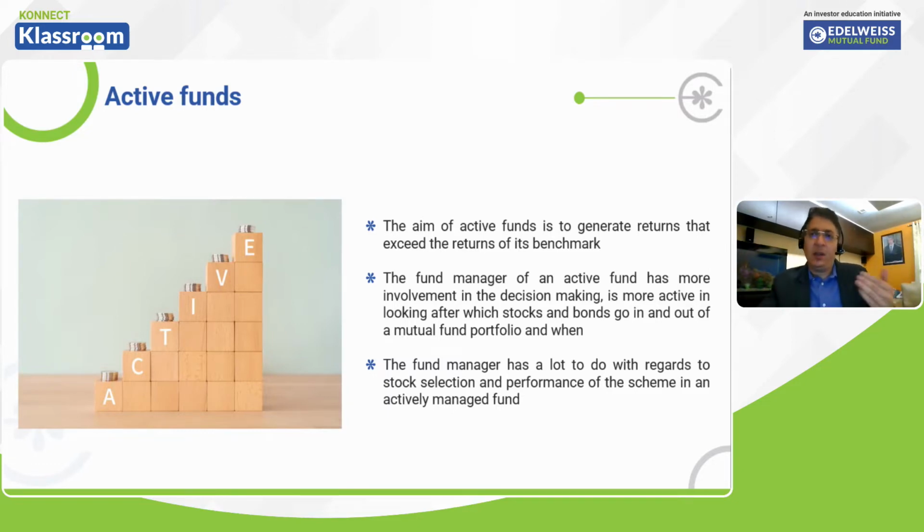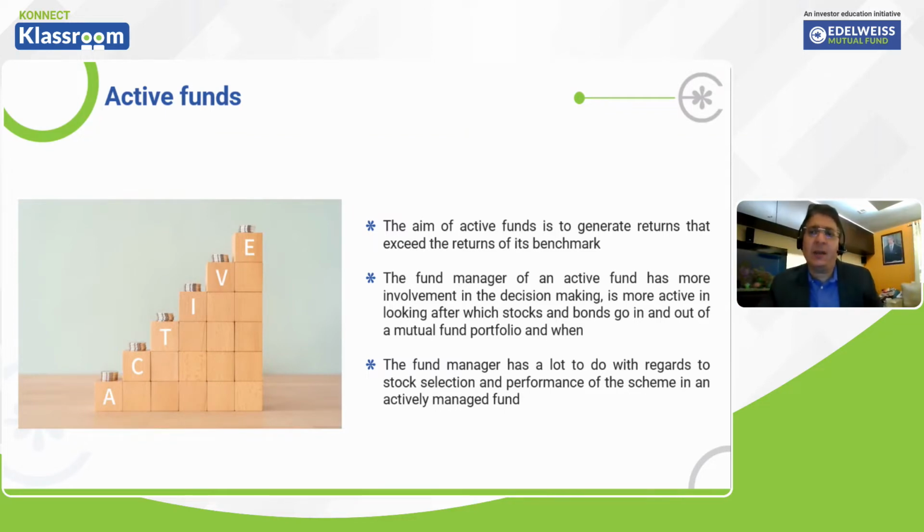So the fund manager in these actively managed funds looks at the universe in the benchmark and actively picks securities which he or she thinks are going to perform better, and hence that extra return over the benchmark.